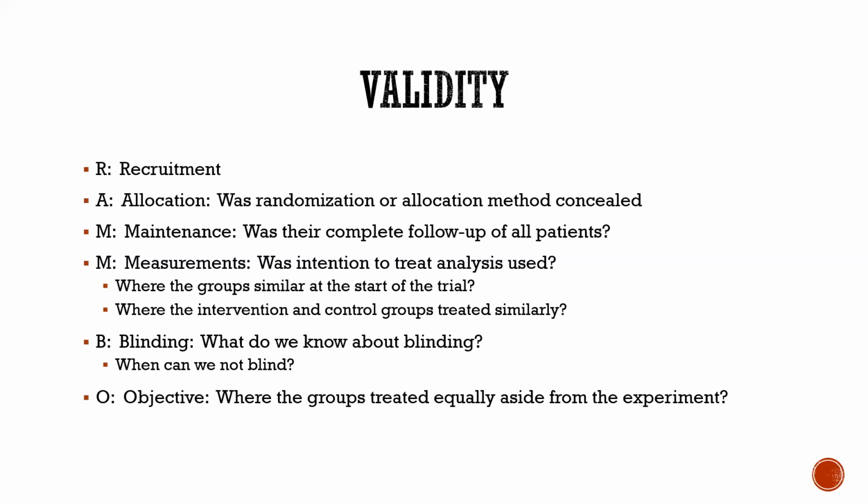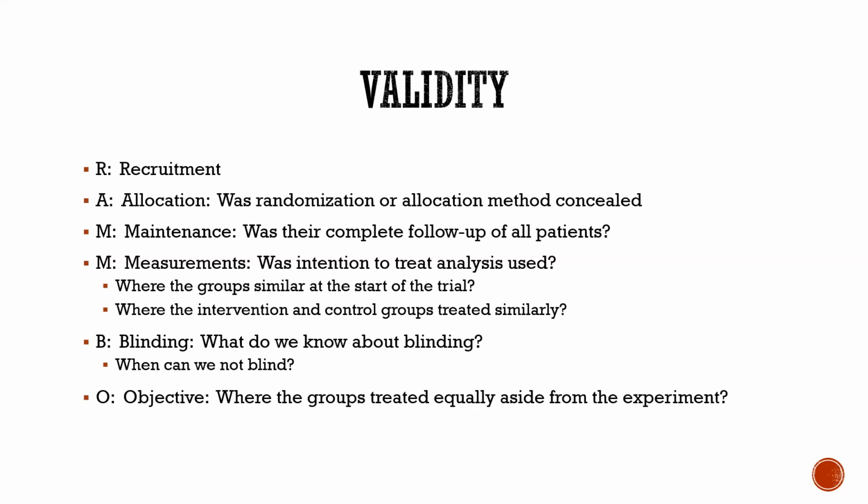If they're similar at the start of the trial, usually you'll find a table that shows the characteristics of the intervention group versus the control group, and then they'll do a statistical analysis, some kind of statistical tool, and they find out if they're similar enough from the start. That's important that they do.